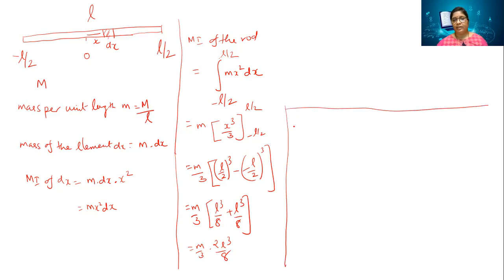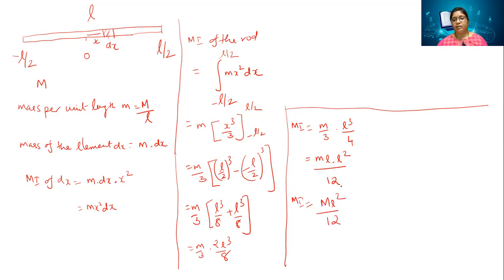So the moment of inertia is equal to m by 3 into L cube by 4, because the 2 and 8 will get cancelled. I can rewrite this as m L square by 12. What is this mL? Since m is equal to M by L, or capital M is equal to mL, I can write the moment of inertia is equal to M L square by 12.